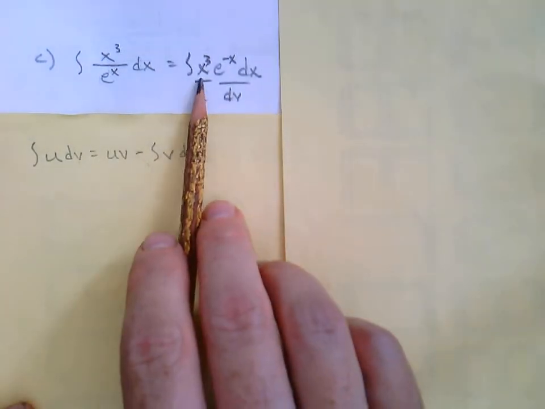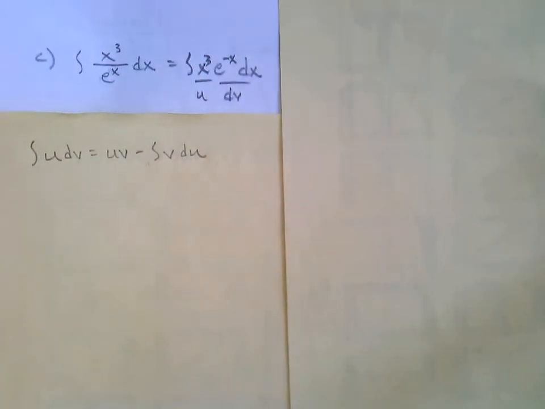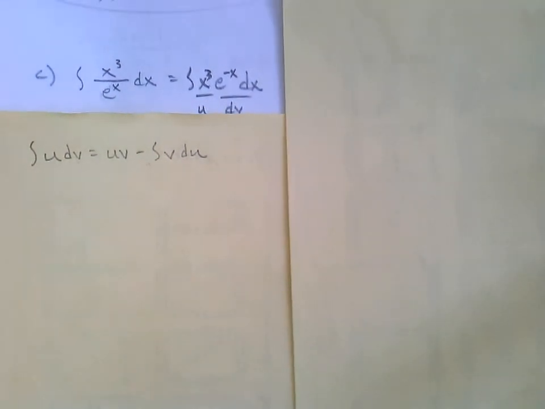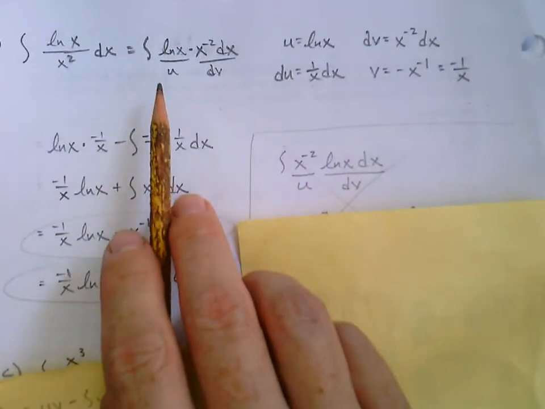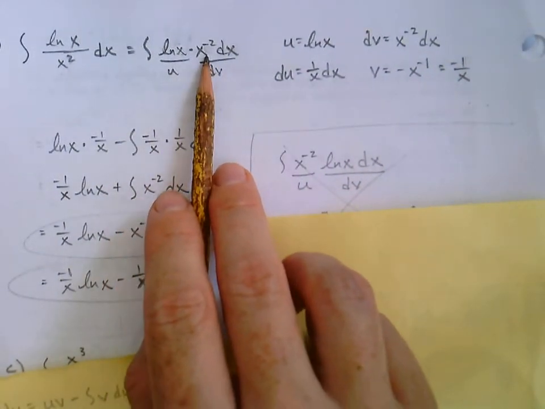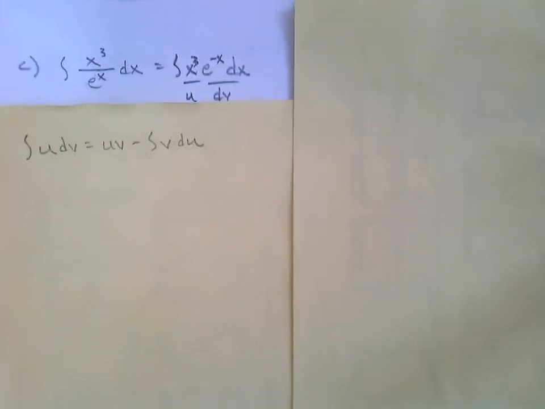We should pick x to the third as u and e to the negative x dx as dv. That might come as a surprise, because in the previous question with the natural log, we picked the log as u, and the x to the power was the dv. But here, it's the reverse.